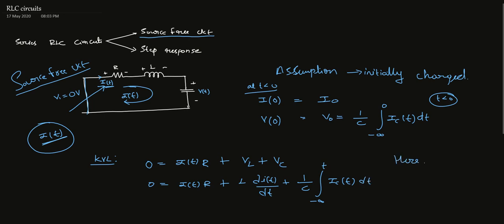As it is a series circuit, IR equals IC equals IL, so all currents are equal and we take it as I of t. Keep this in mind.